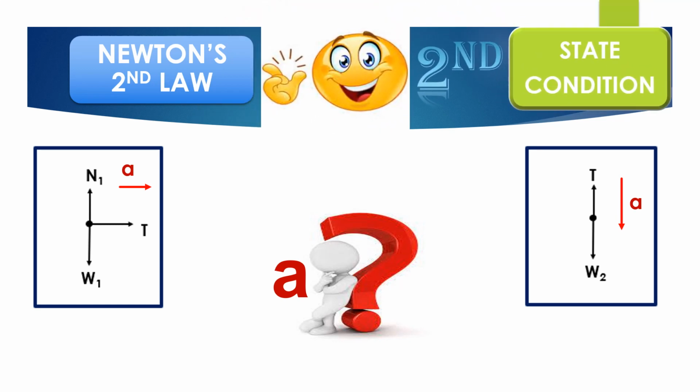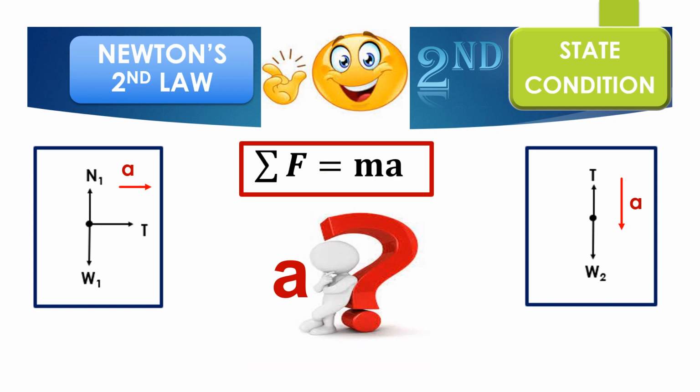Because this is actually Newton's second law, we first state the condition of Newton's second law, the summation of F equals ma. By referring to these two free body diagrams, we actually have 2 types of motion. The first object has horizontal motion, and the second object has vertical motion. So for each free body diagram you must state its condition.